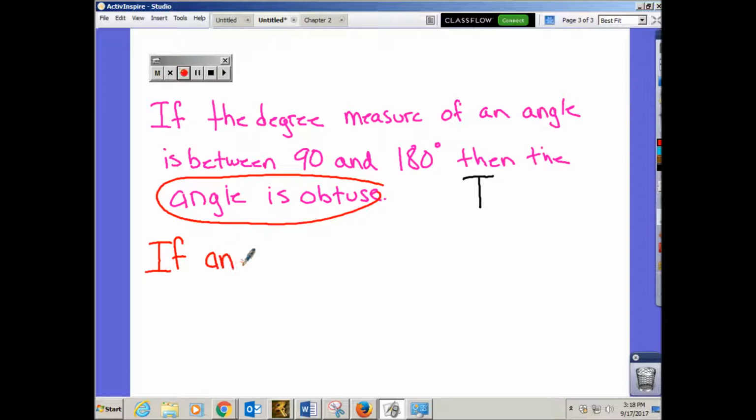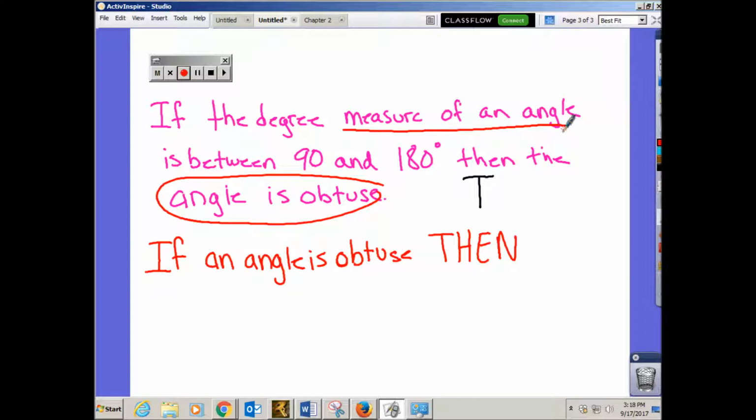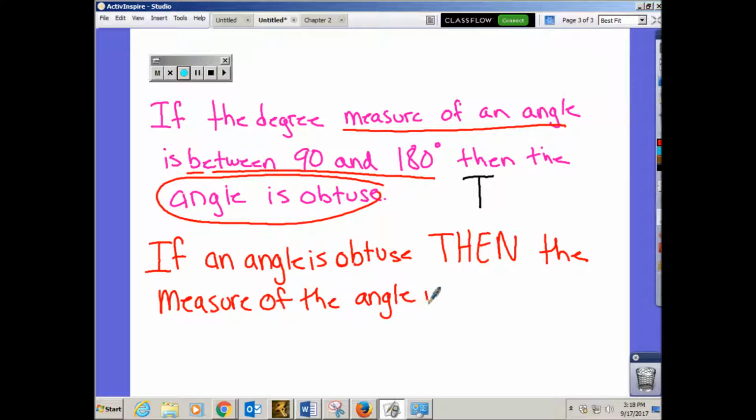If an angle is obtuse, then the measure of the angle is between 90 and 180 degrees. And that also is true.